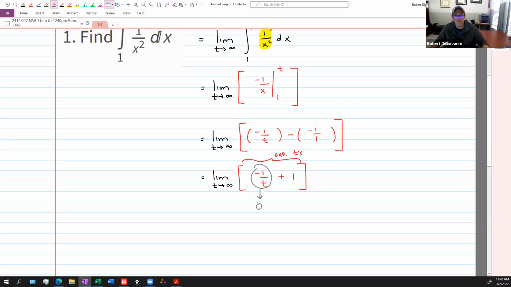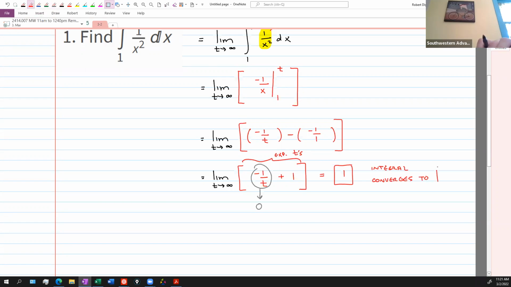That goes to 0. And that means the only thing left is +1. So your answer is 1, which means this integral converges to 1.